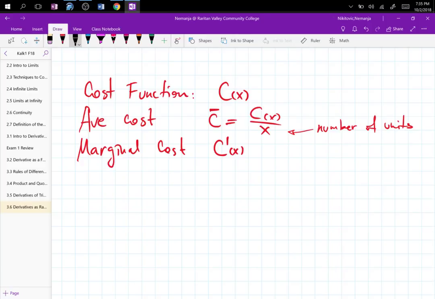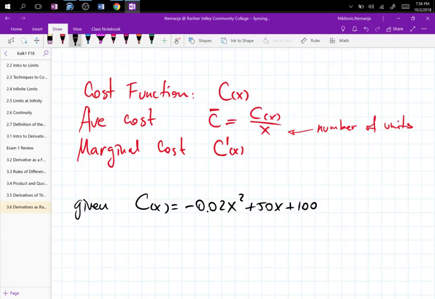But anyway, the cost function is given as C of x equals negative 0.02x squared plus 50x plus 100 for making the first 1,000 units. I don't know what you're making. Phone cases, markers, cars, airplanes, whatever you're making.